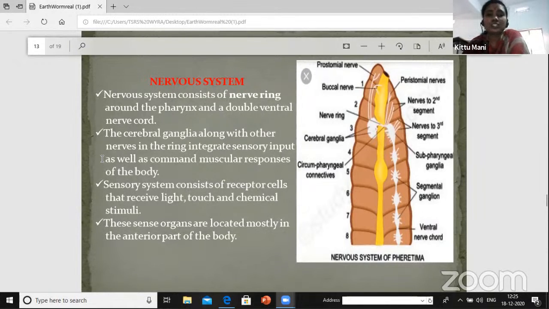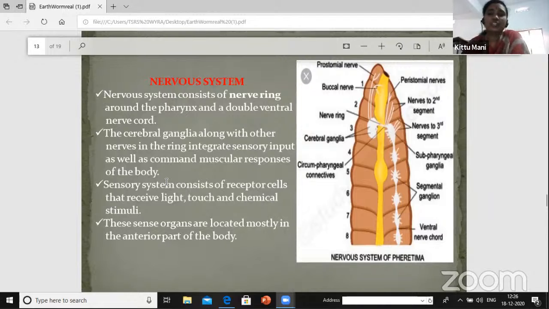Then next, the sensory system consists of receptor cells. This is also very important. The sensory system consists of receptor cells that receive light, touch, and chemical stimuli.